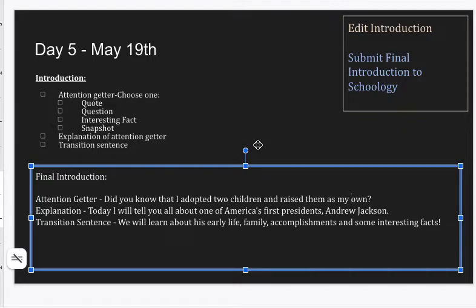Let's go on to the explanation, that next part. Today I will tell you all about one of America's first presidents, Andrew Jackson. All right, how am I going to shift the perspective in that sentence? It could go like this.